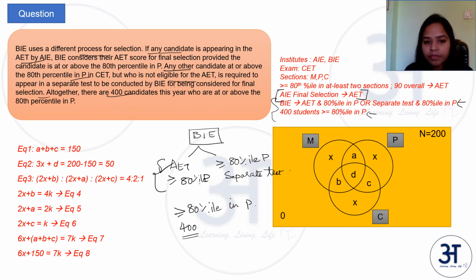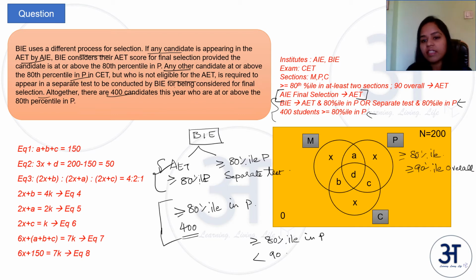Now if you see clearly, there is one P here. This set of P is greater than or equal to 80th percentile in P as well as greater than or equal to 90 percentile overall. There is one more set which is greater than or equal to 80 percentile in P and less than 90th percentile overall.